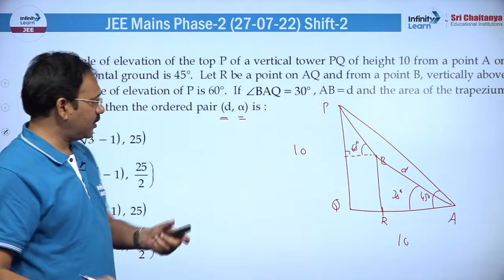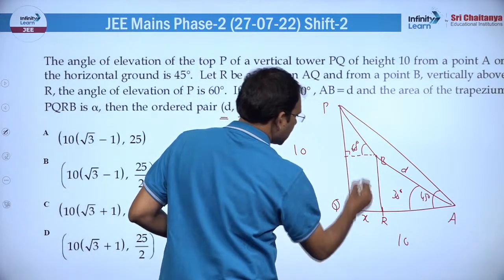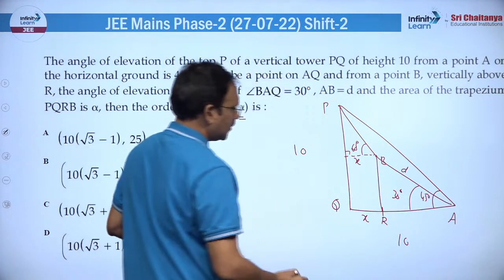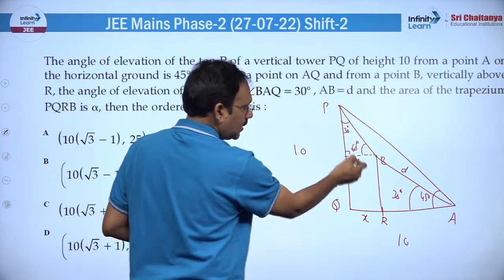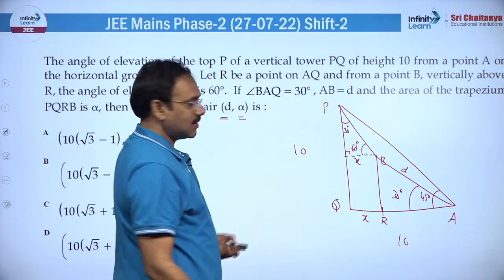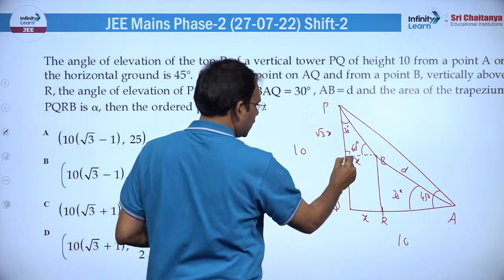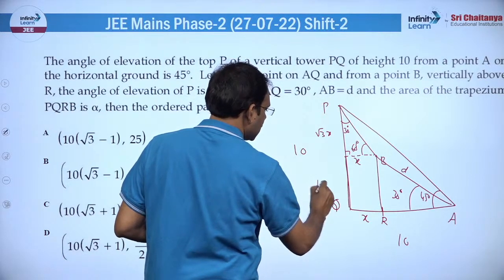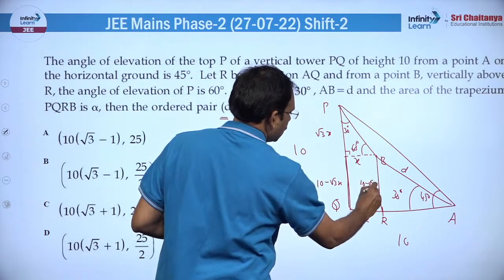Arey yaar, a simple trigonometry. Suppose this QR is x, this is also x, right? So 60 degrees means here 30 degrees. 30 degrees opposite side x, in the sense adjacent side will be root 3x. If this is root 3x, this part is 10 minus root 3x. So this is also 10 minus root 3x.